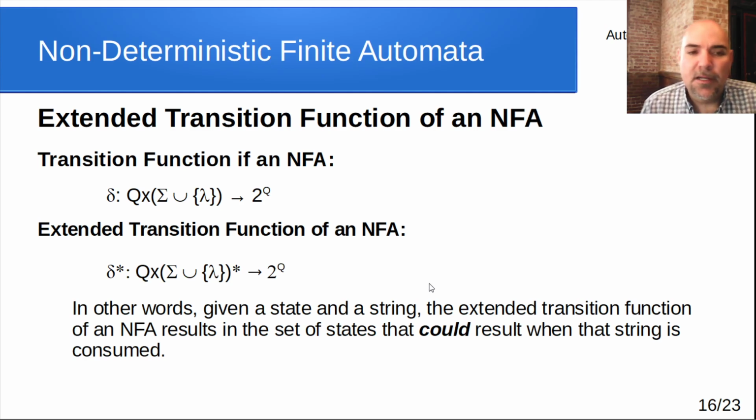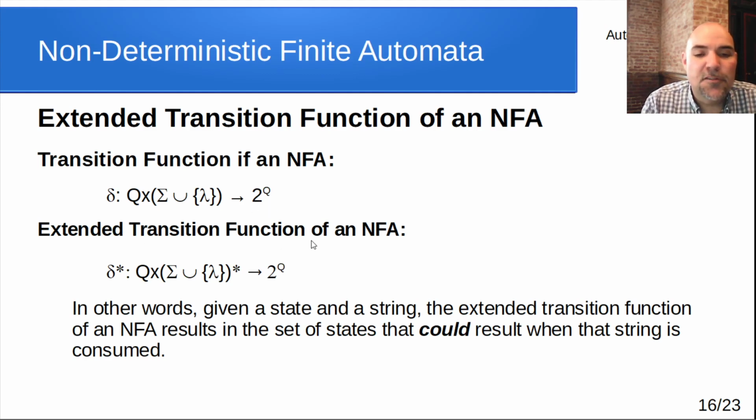moving on here just temporarily, the extended transition function of an NFA. We talked earlier, we reviewed kind of the extended transition function of a DFA, but the extended transition function of an NFA needs to be a little bit different. So the transition function itself, remember, mapped a state and a symbol, or lambda, to a resulting subset of possible states that it could go to.